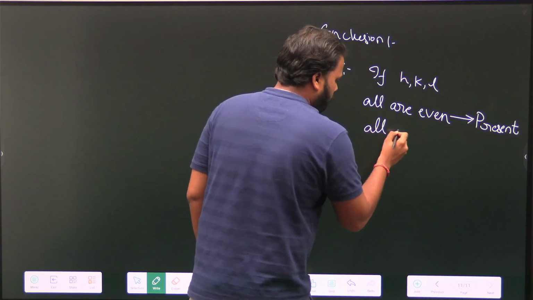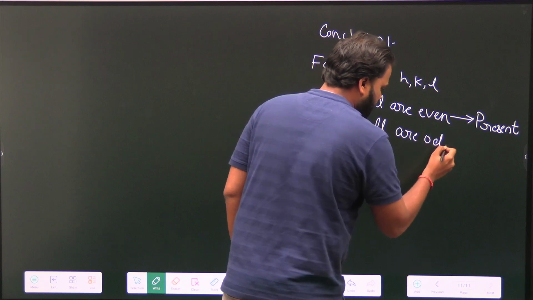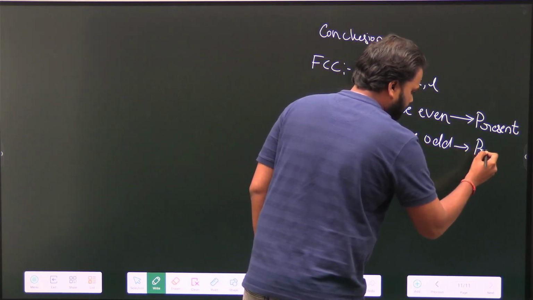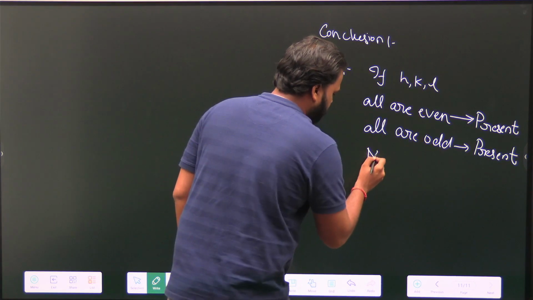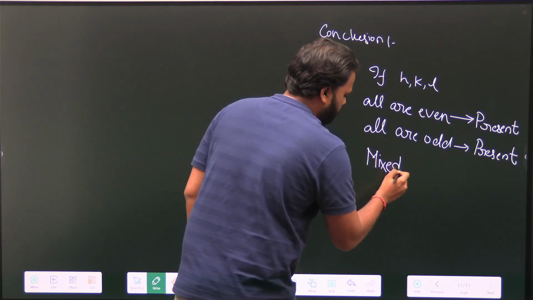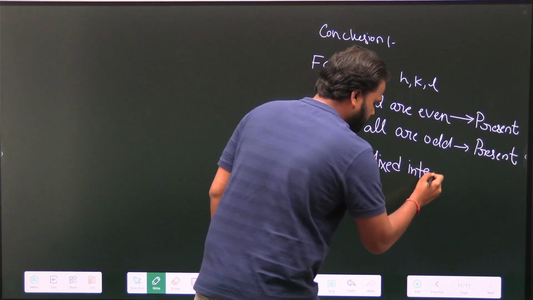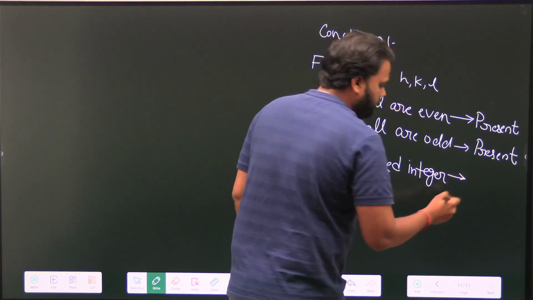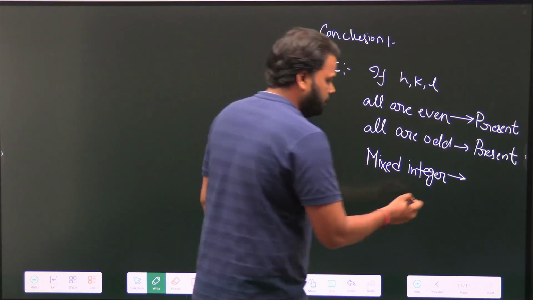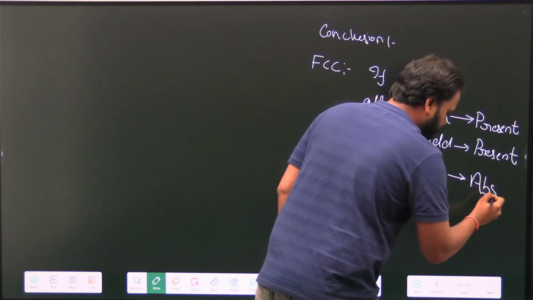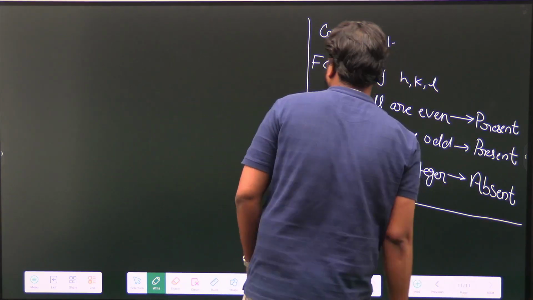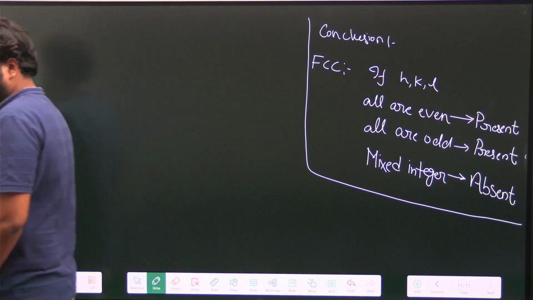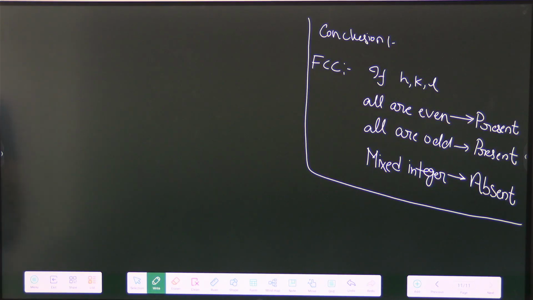If all are odd, then again the peak will be present. But if there are mixed integers, meaning someone is even, someone is odd, then the peak will be absent. So this is the conclusion for the FCC crystal lattice. Clear? Clear everyone? Okay?